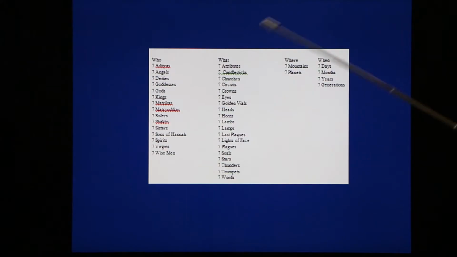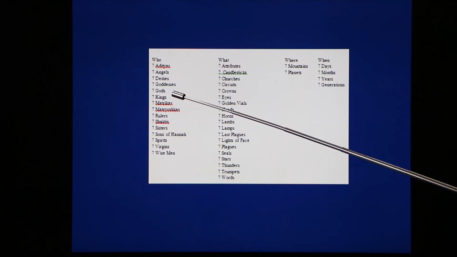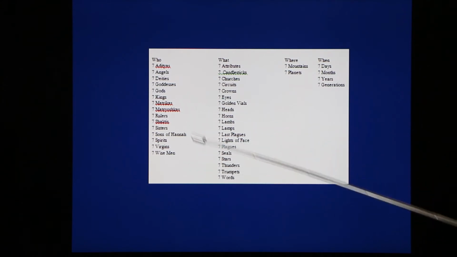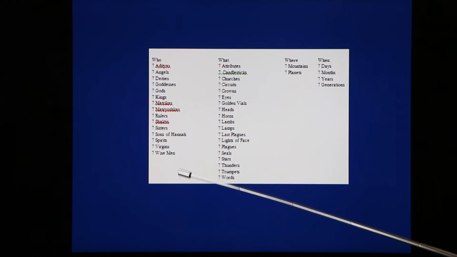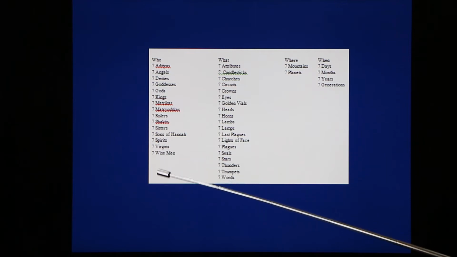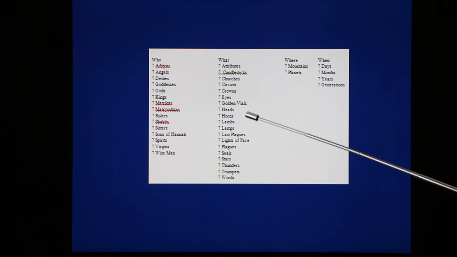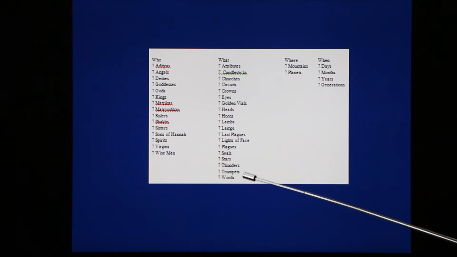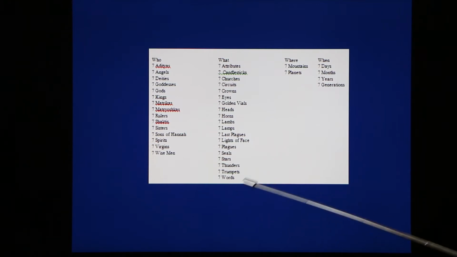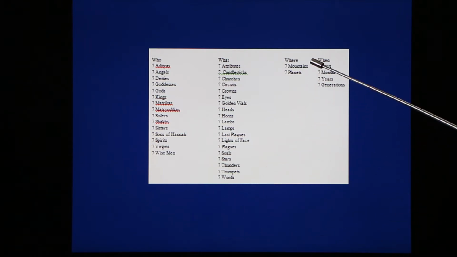So there are 7 days of the week, 7 angels, 7 archangels, 7 kings, and in India, 7 matrikas, 7 rulers, 7 spirits, virgins, wise men, candlesticks, churches, crowns, heads, horns, lambs, lamps, plagues, seals, stars, thunders, trumpets, words, mountains, planets, days, months, years, generations.